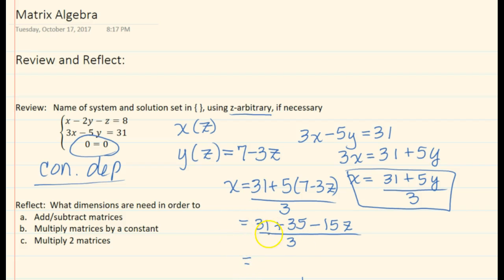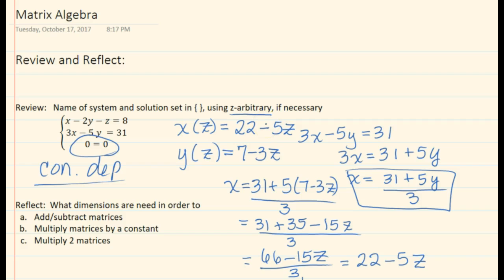So I'm going to get 66 minus 15z all over 3, or 22 minus 5z. And that is what we have for x. So that's 22 minus 5z.